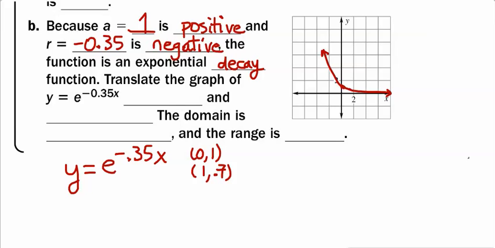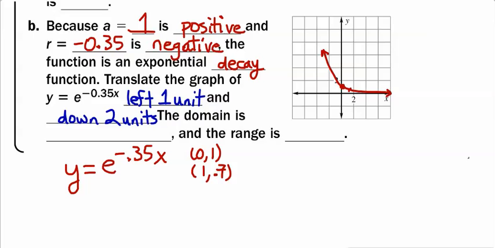Boom. Now, then it says translate that graph. Here we go back and look at the equation. There's an x plus 1 in the exponent, so we need to go left 1 unit, and then we're going to go down 2 units because of the minus 2. So take this graph, and remember we had dots there and there.